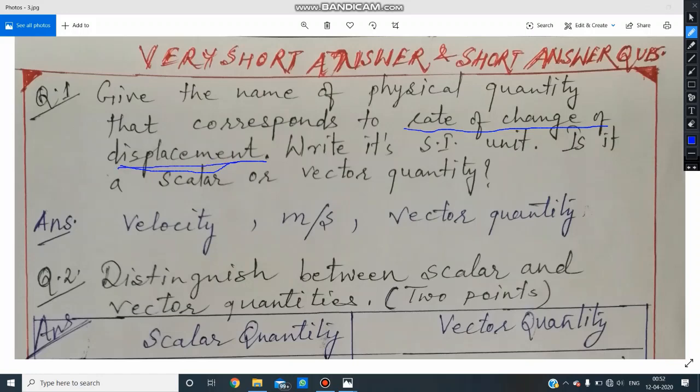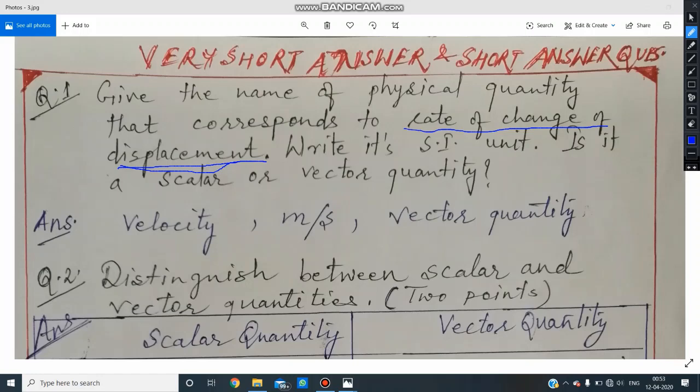Rate of change of any physical quantity means change in the quantity by time. Now from here we can take out that rate of change of displacement means change in displacement by time. In a way you can understand it like that, displacement by time. And we know that displacement by time represents velocity.